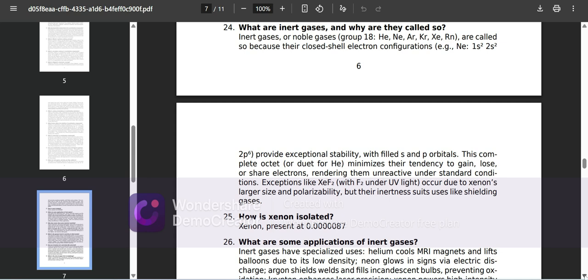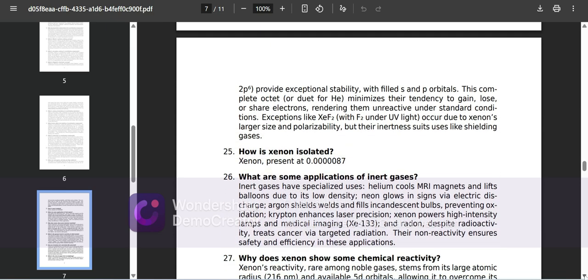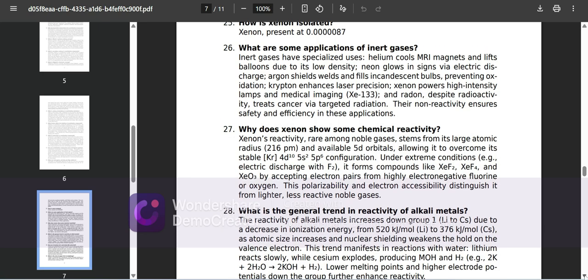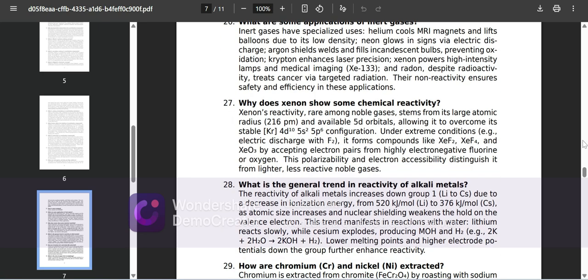This complete octet, or duet for helium, minimizes their tendency to gain, lose or share electrons, rendering them unreactive under standard conditions. Exceptions like xenon fluorides, formed with fluorine under UV light, occur due to xenon's larger size and polarizability, but their inertness suits uses like shielding gases.